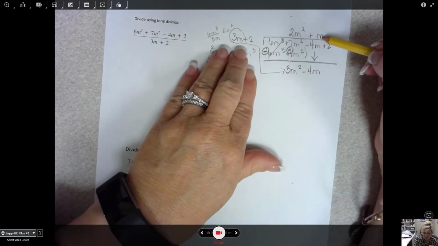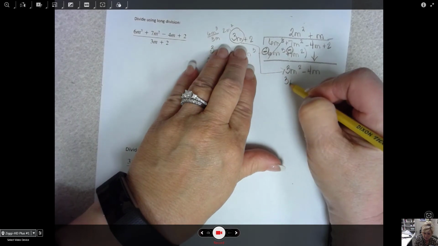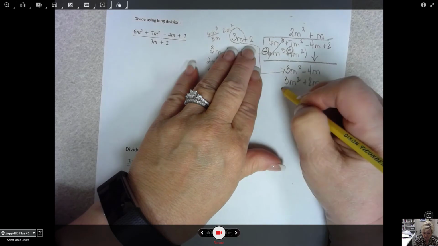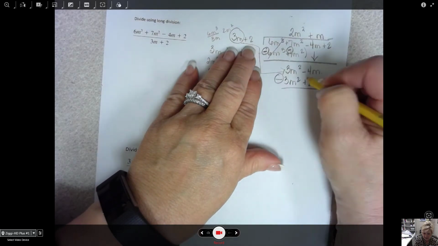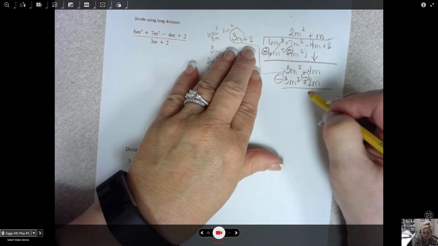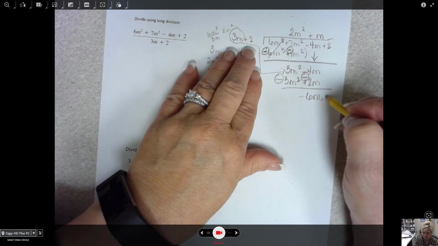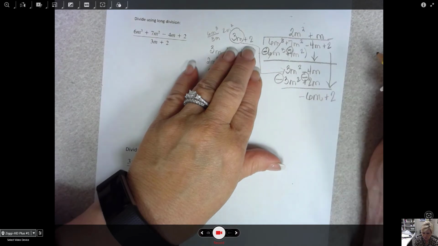Distribute m times 3m and m times 2. Change signs. Negative 4 and negative 2 would be negative 6m. Bring down our 2.